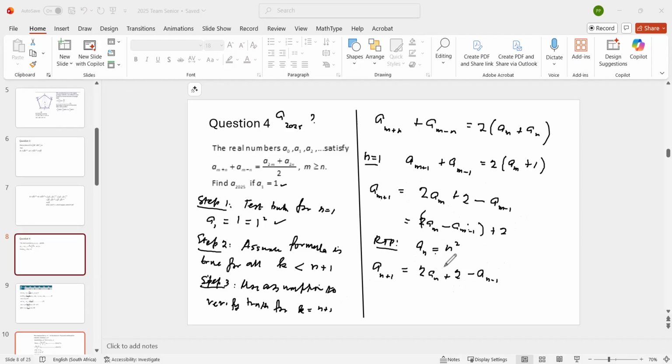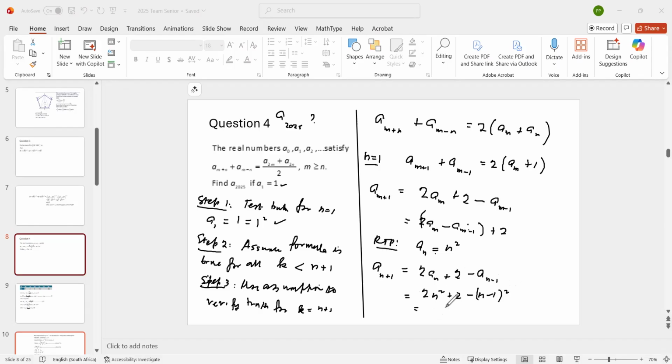But now I know that this formula a_n is n squared. For every k smaller than n plus 1, you can use the formula. So this is 2n squared plus 2 minus, and you can use the formula for this as well. As long as your subscript is less than n plus 1, you are allowed to use it.